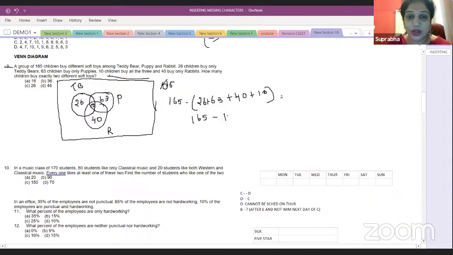It will give you 139. So there are 26 children who might get any combination. They didn't ask you a particular combination. So any two combination will come under 26. So this will be your answer. Option C.